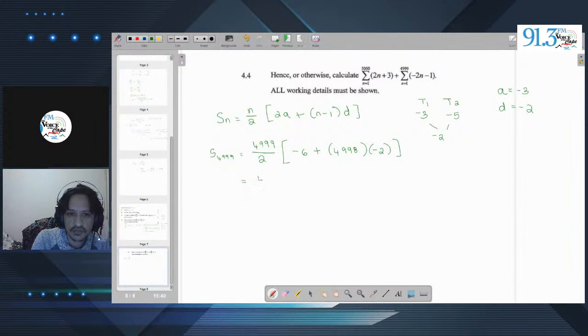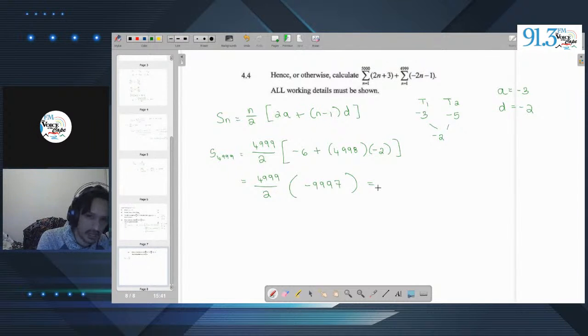And this is going to give us 4,999 over 2 times, let's just see, 4,998 times -2 minus 6 gives me -9,997, which equals this times 4,999 divided by 2.